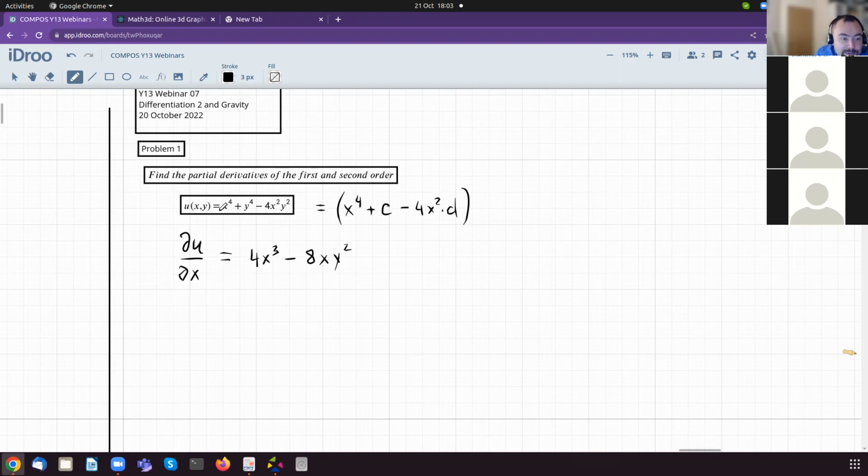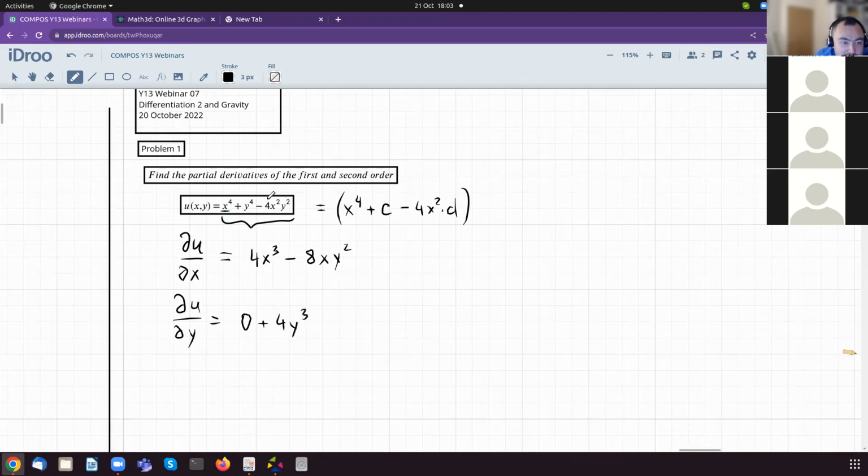What I've done is find the derivative of this function. The function u is a function of 2 variables, x and y. I said let's say y is constant. I'm going to fix y, and find the derivative. Now I want to find the derivative with respect to y. This means keeping x constant. So the derivative of this is 0 plus 4y cubed.